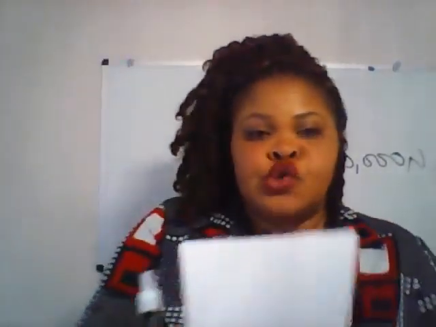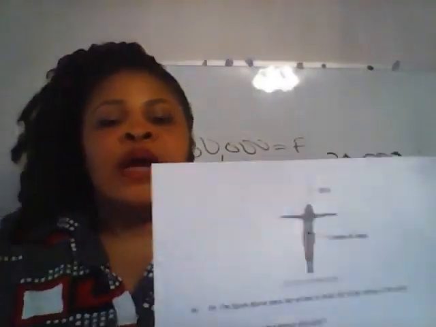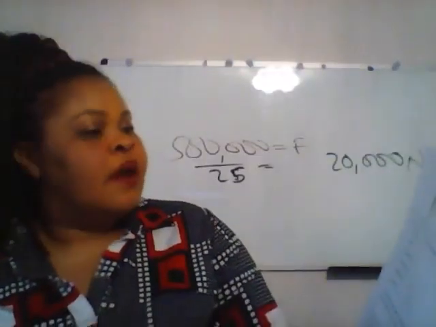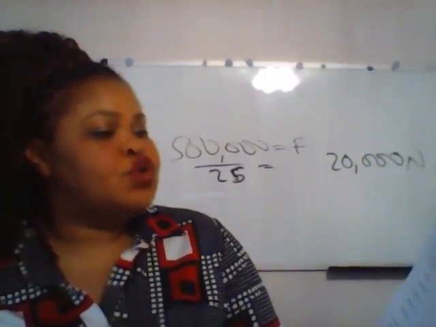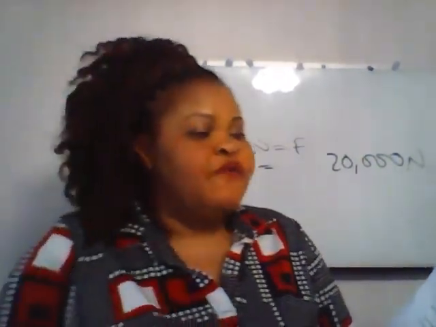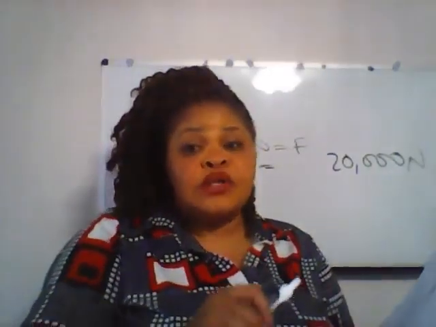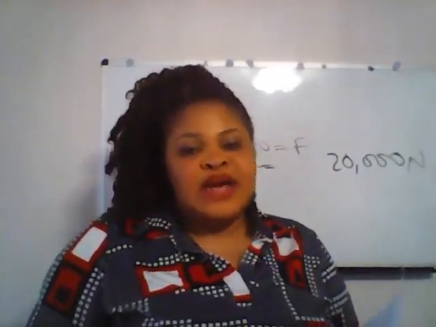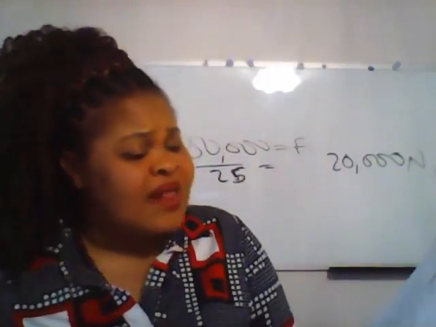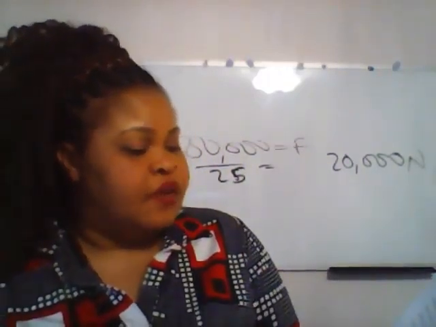Look at the figure. And it says, on the figure above, draw two arrows to show the forces acting on the actor. So from the center of mass, you draw one force going upwards and one coming downwards. That's the weight and the gravity acting on the body of the person.